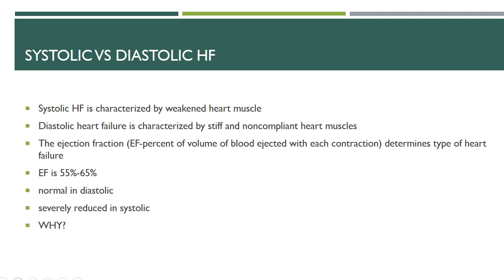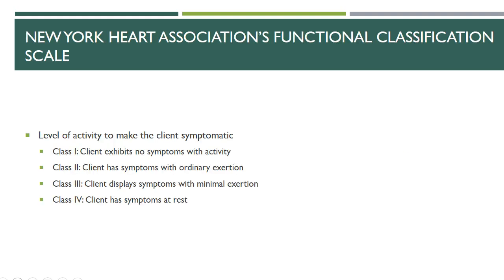You're going to have left ventricular hypertrophy, like I said in class, with diastolic heart failure, because your heart is so stiff and non-compliant that ventricular muscle builds up and causes less room to squeeze out the blood. So your EF is normal in diastolic but reduced in systolic.